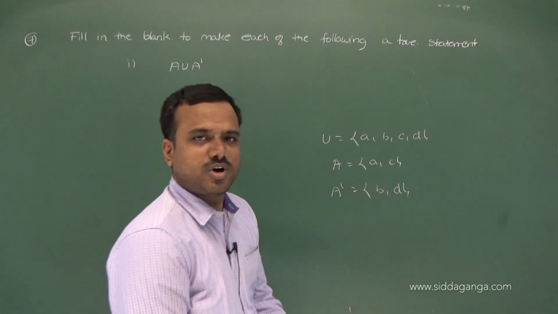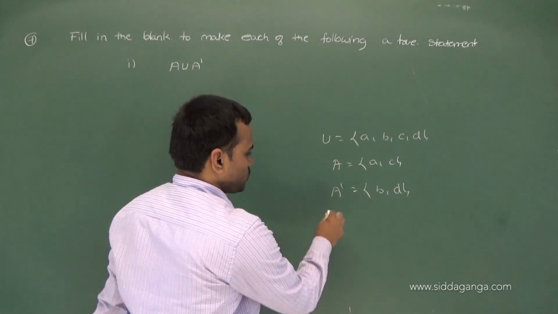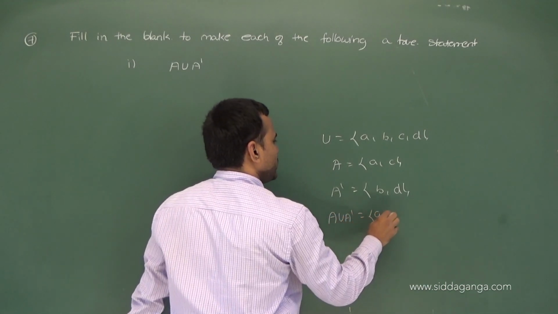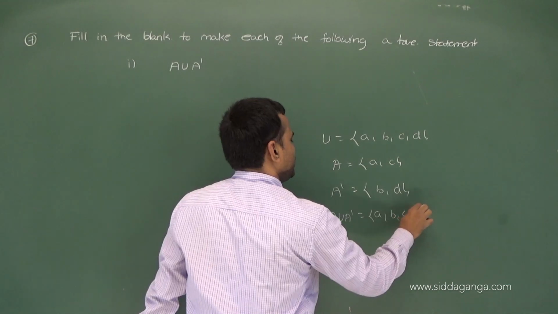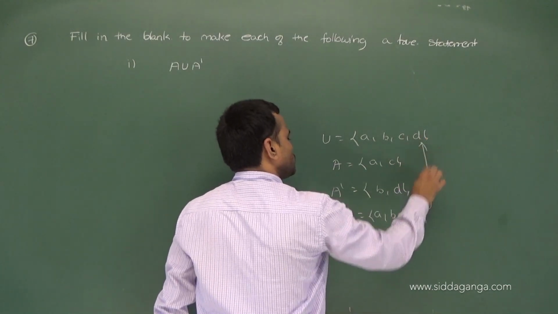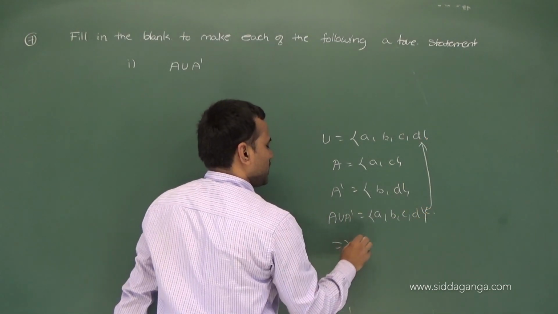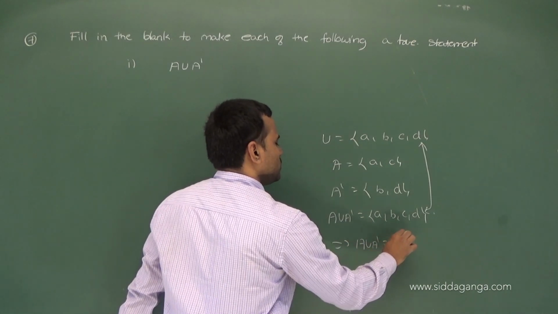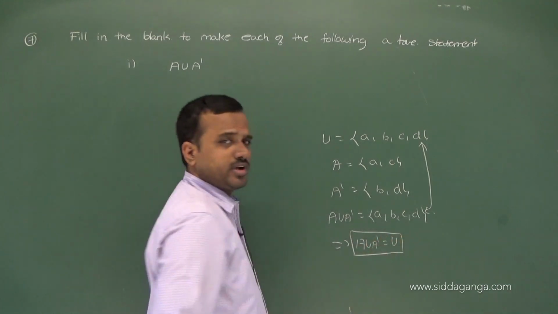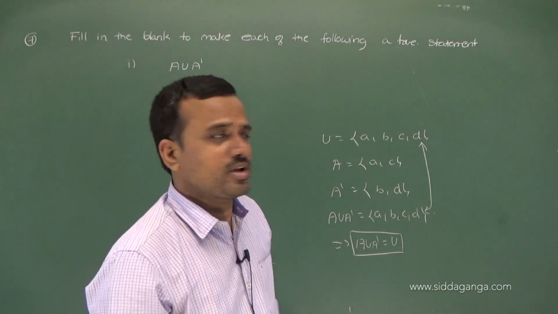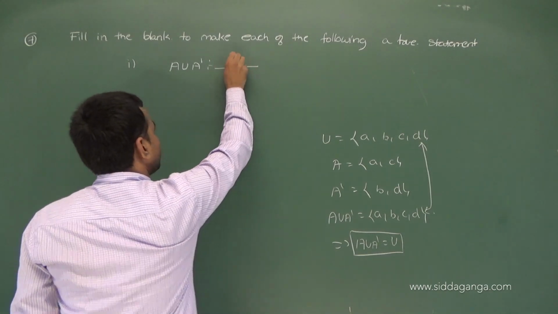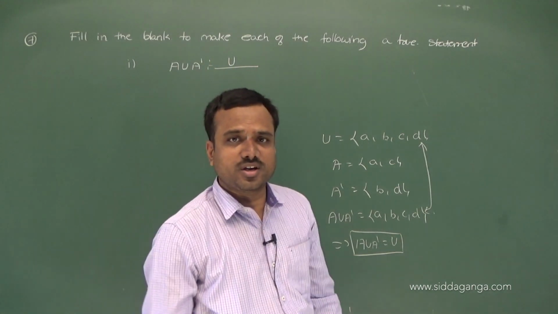So A union A dash, you combine these two sets: a, b, c, d. That implies A union A dash is always equal to the universal set. Clear? Clear the concept?